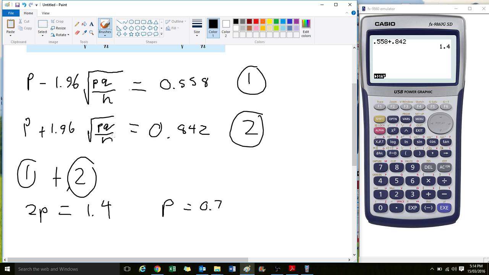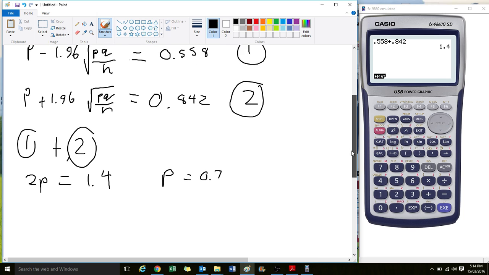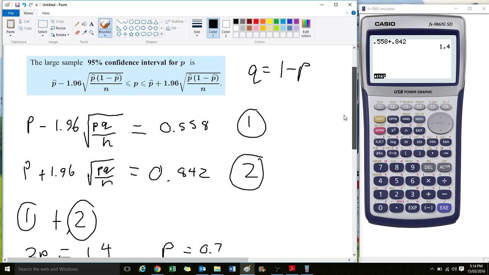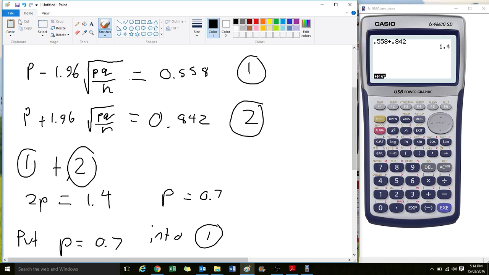Now we just need to solve for N. The way we're going to do that is put this value for P into equation 1. So we put P equals 0.7 into equation 1. I'll copy this down so we can maintain our chain of thought.